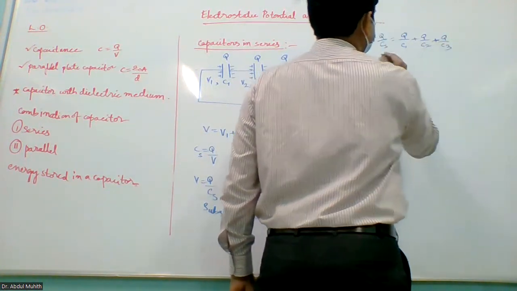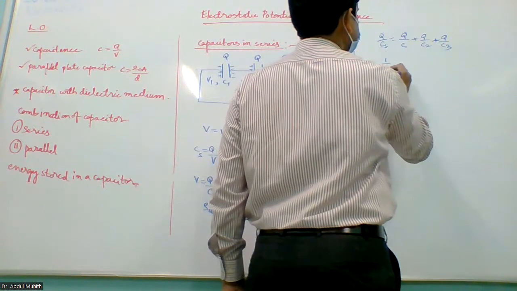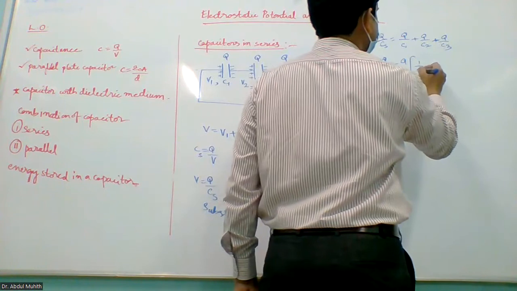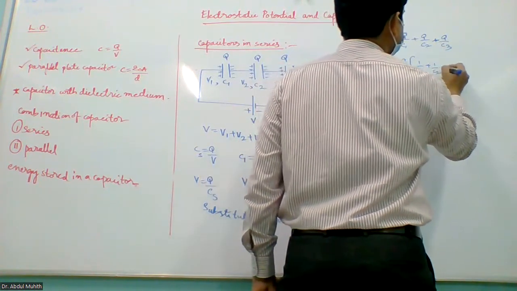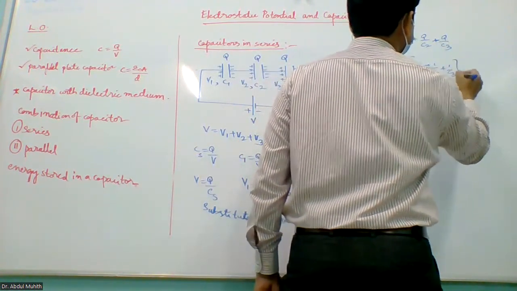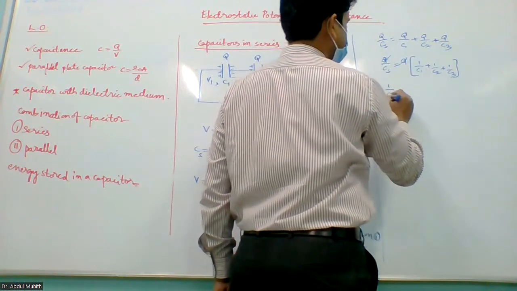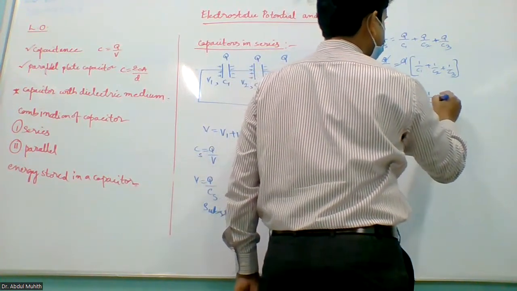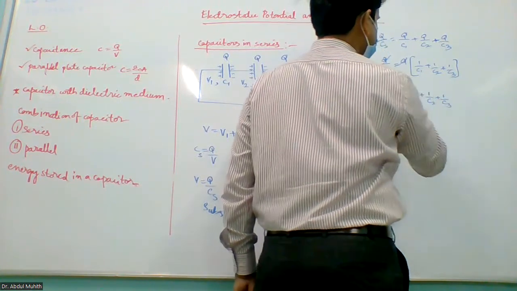Now take Q common. It will become 1 by Cs is equal to Q by Q times 1 by C1 plus 1 by C2 plus 1 by C3. So Q and Q will go away. Answer is 1 by Cs is equal to 1 by C1 plus 1 by C2 plus 1 by C3. So this is the final formula when the capacitors are connected in series.